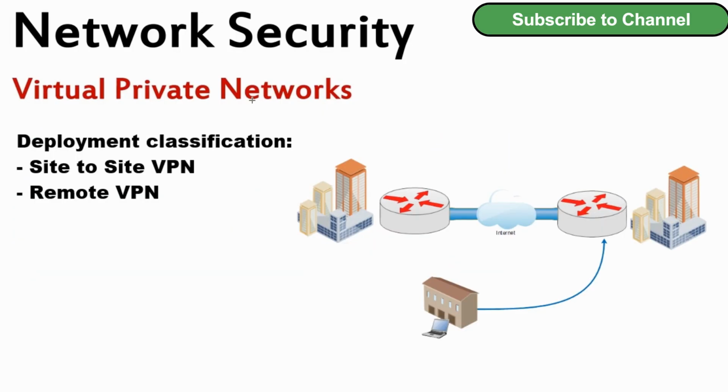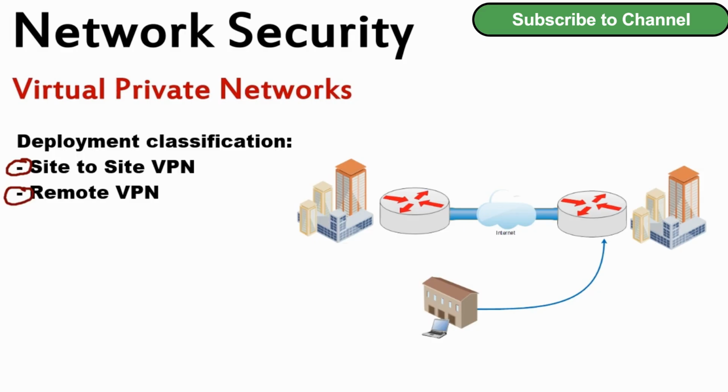You will find that on the internet everywhere. People try to group VPN connections. There are many different ways of doing that. I want to talk about two main types: a site-to-site VPN and a remote VPN connection.